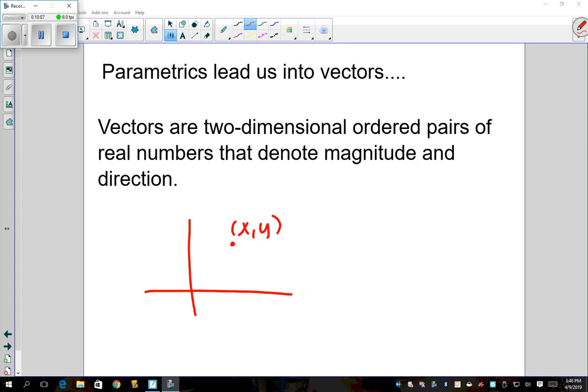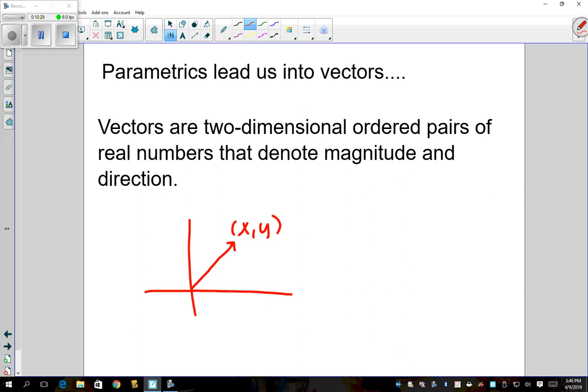It's not really telling us much other than where it is located. So a point tells us location. A vector tells us how far this point is from the origin and where it is going towards.